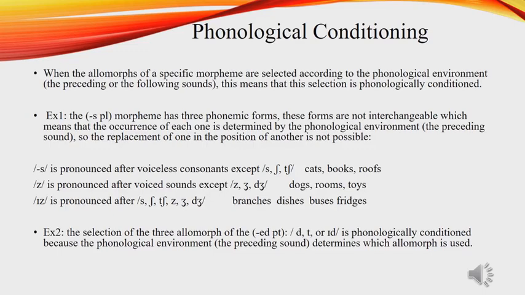But if the verb ends in a voiced sound other than /d/, in this case, we select the second allomorph, which is /d/. But if the verb ends in /t/ or /d/, then the third allomorph is selected, which is /ɪd/. The ed is pronounced as /ɪd/. Notice that each one of these allomorphs, /t/, /d/, or /ɪd/, should be pronounced according to the preceding sound.